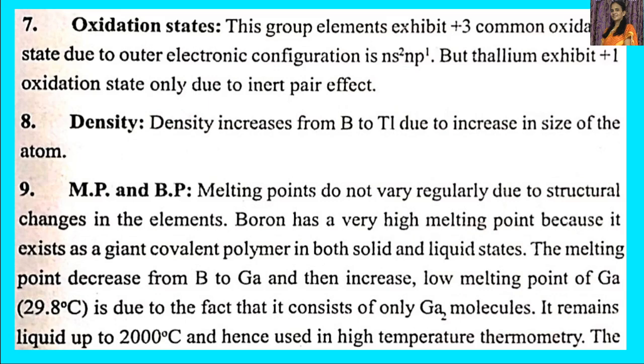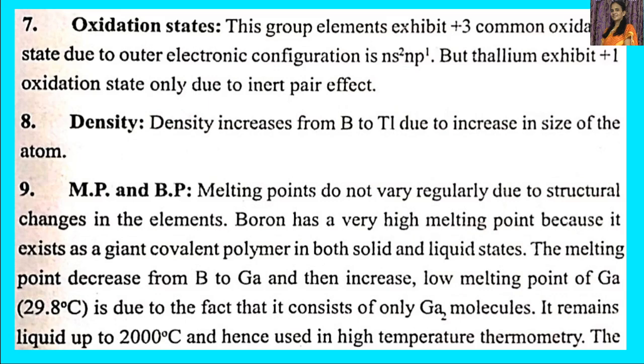because it exists as a giant polymeric state. And the melting point decreases from boron to gallium and then increases down the group. And the low melting point of gallium, that is 29.8 degrees centigrade, is due to the fact that it consists only of Ga2 molecules.